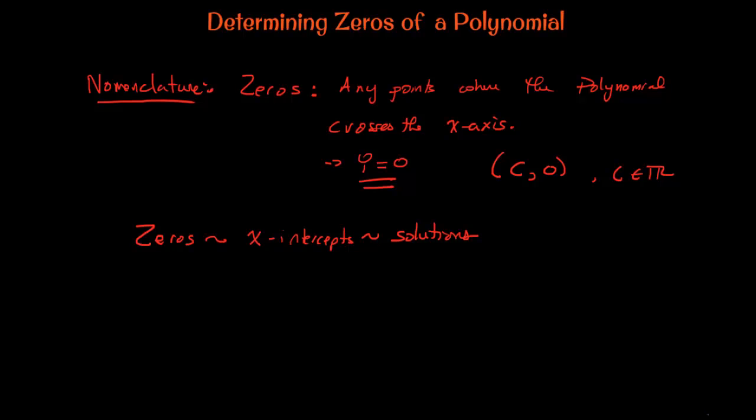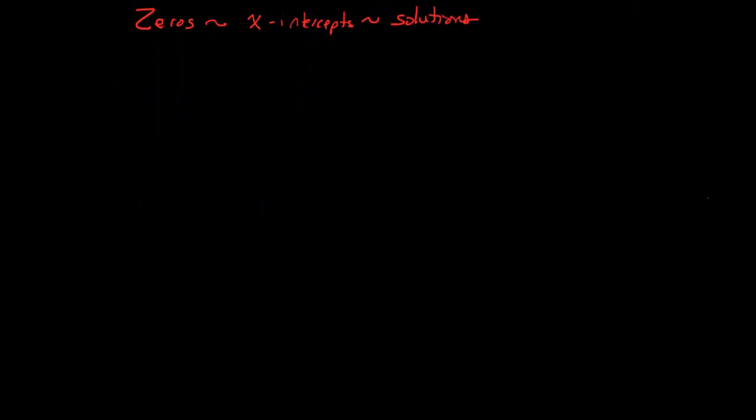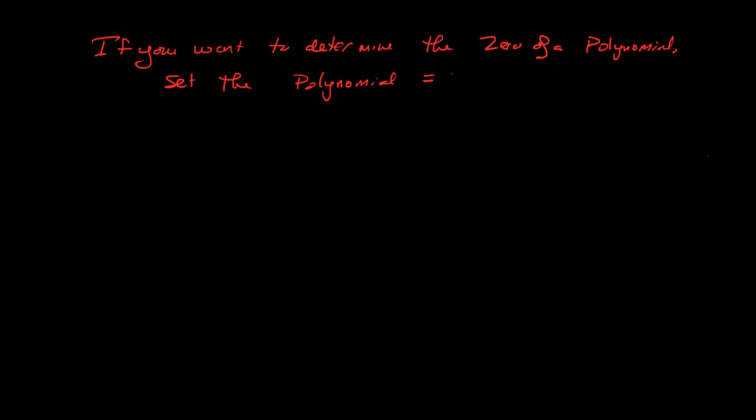So if you want to determine the zero of a polynomial, set the polynomial, it's just that simple, set the polynomial equal to 0.